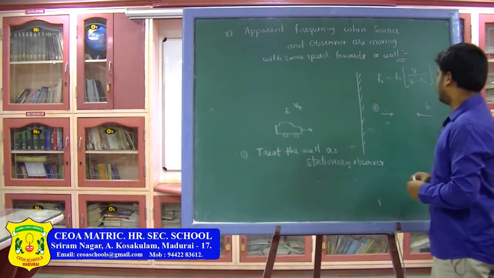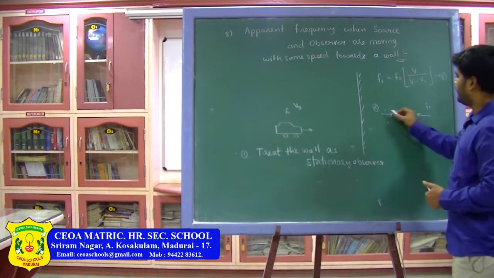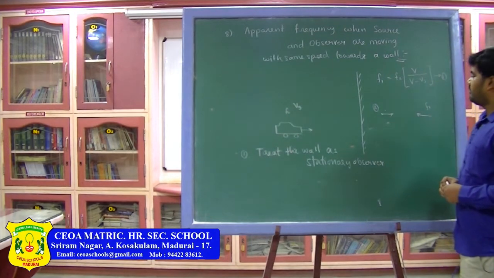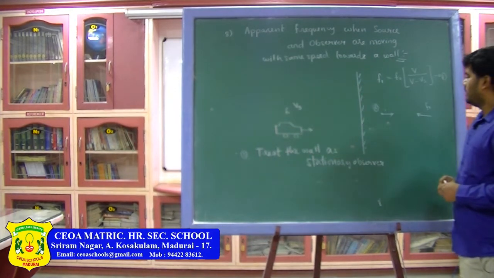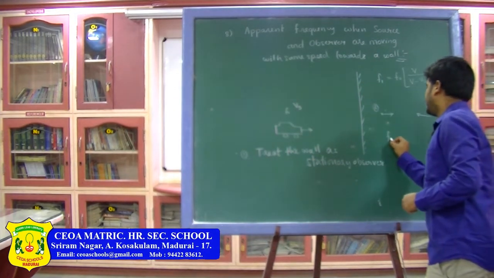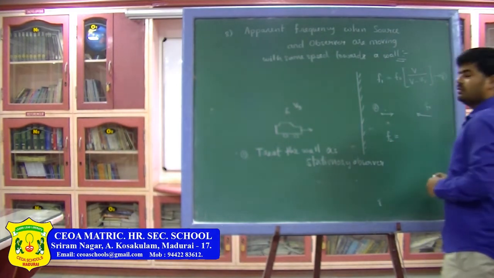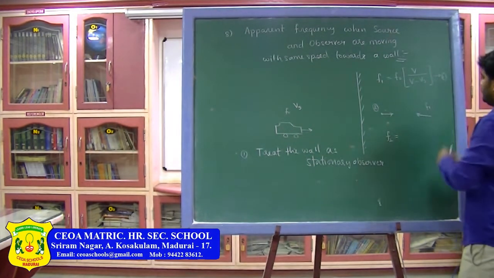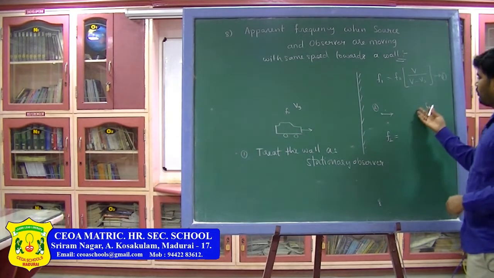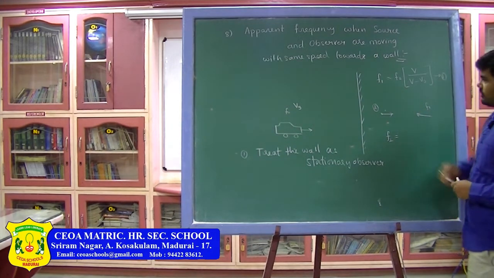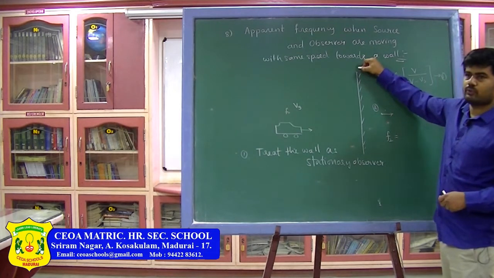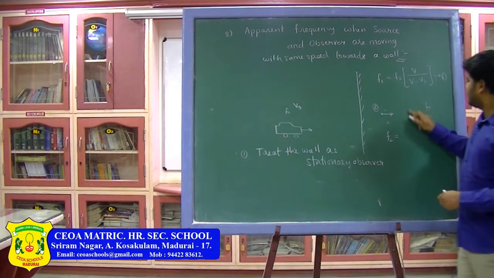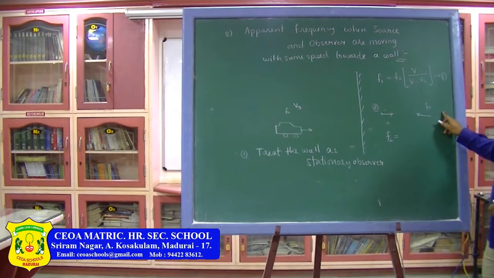So, now you can take the apparent frequency received by the driver of that car, that is the actual observer, as f2. This f2 is given by the observer moving towards a stationary source. In the second step we have to treat this wall as a stationary source producing a frequency f1, the reflected sound frequency.